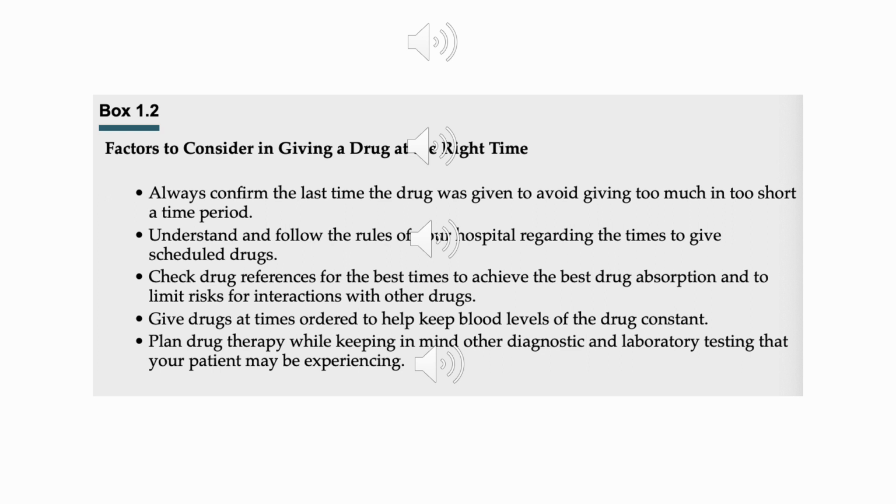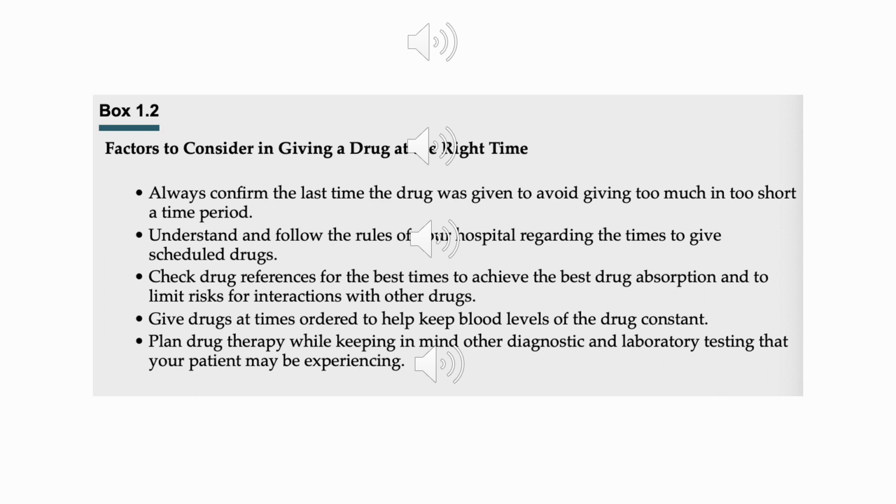Check drug references for the best times to achieve the best drug absorption and to limit risk for interactions with other drugs. Give drugs at times ordered to help keep blood levels of the drug constant. Plan drug therapy while keeping in mind other diagnostic and laboratory testing that your patient may be experiencing.